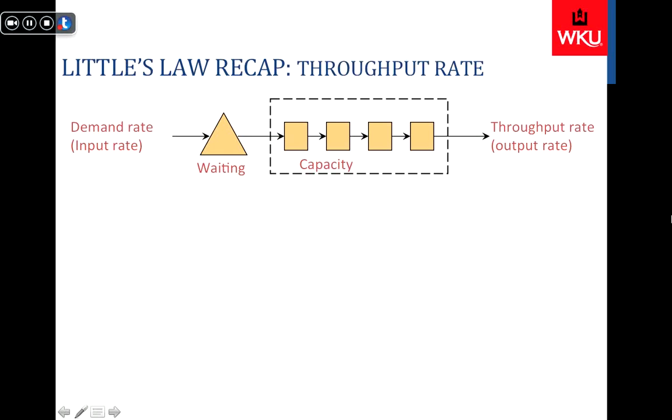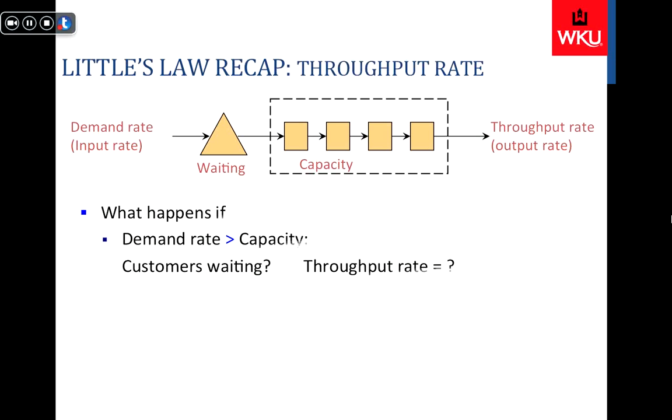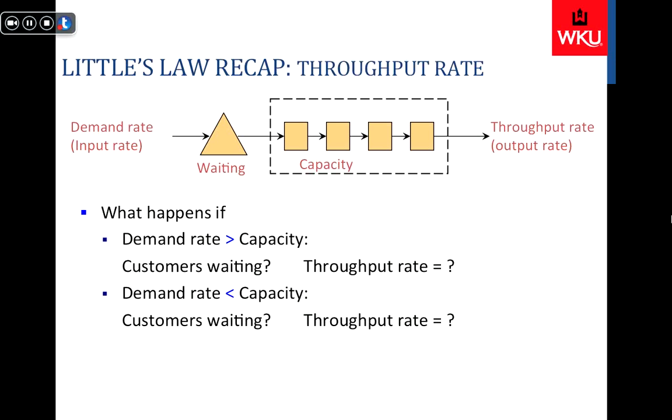So first, let's recap Little's Law and how we determine the throughput rate, capacity, and the demand rate. If the demand rate is higher than the capacity, what happens?